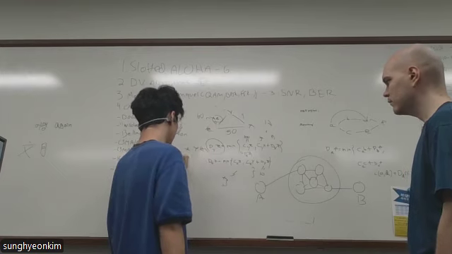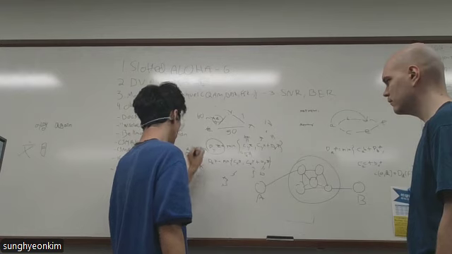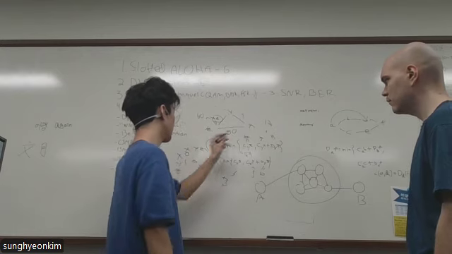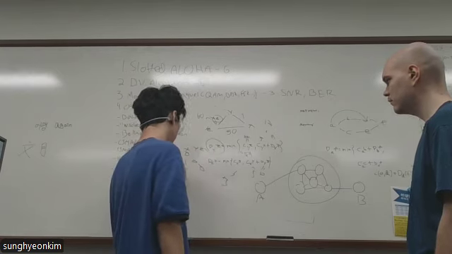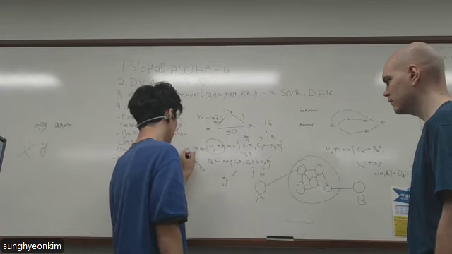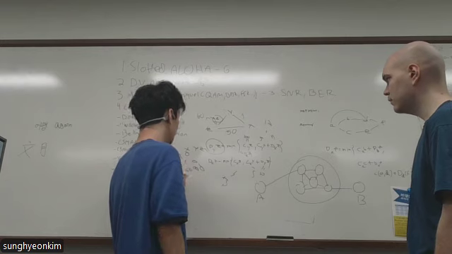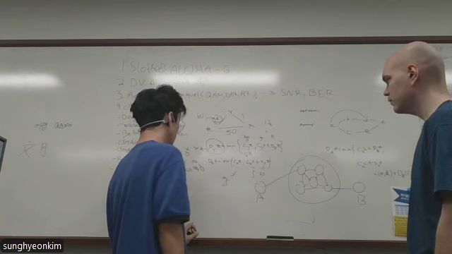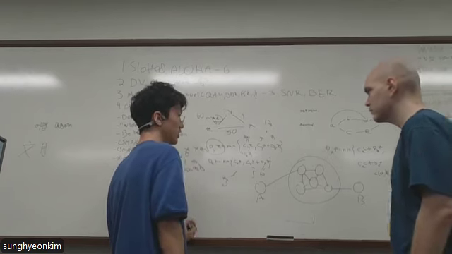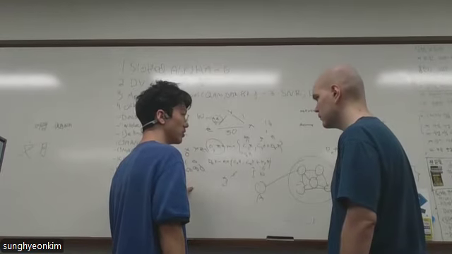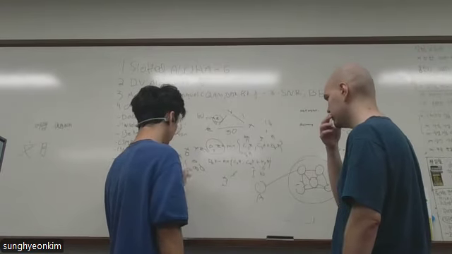X to x is 0, x to y is 1, x to z is 50. And here is infinite for y. They don't know y to z in the distance vector first form.